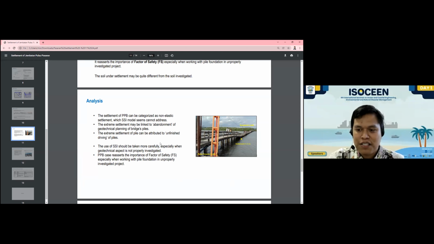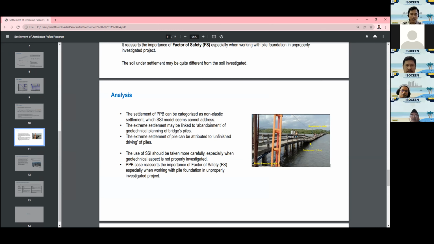The current condition of the bridge is still in operation, but as I said in the presentation, the people of Pulau Pasaran suffer a lot from the condition of the bridge. They urge the city administration to repair the bridge soon.